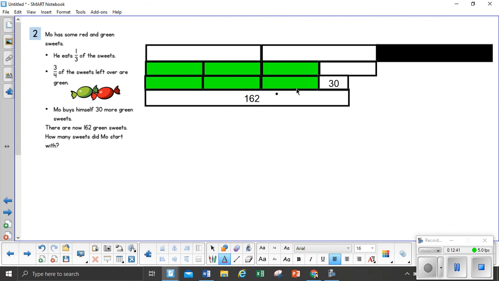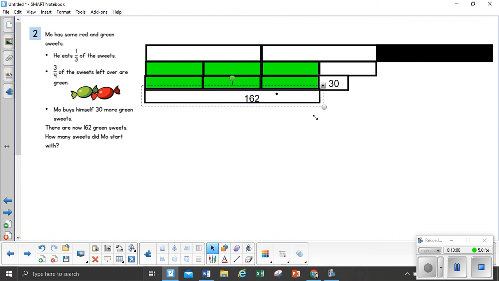If I take off 30 from this 162, it's going to leave me with these green sweets here. Okay, so actually, I thought that would be easier. Nope. This bit is 132.